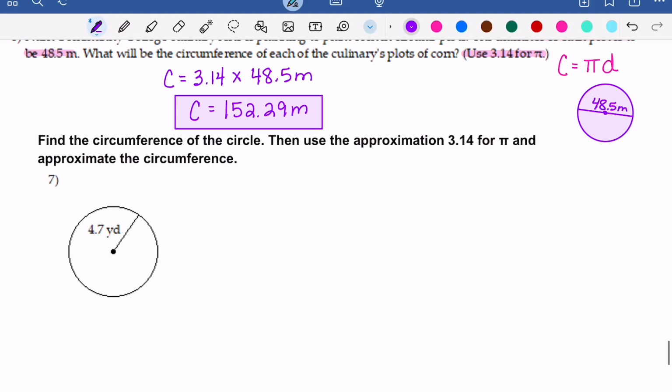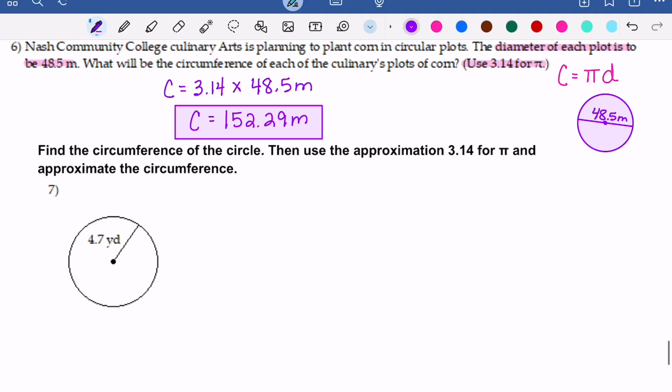Okay, so we have one more circumference problem. Find the circumference of the circle, then use the approximation 3.14 for pi and approximate the circumference. Okay, so in this one, it does not give us the diameter, it gives us the radius because the radius is halfway across. So right here, this is the radius.